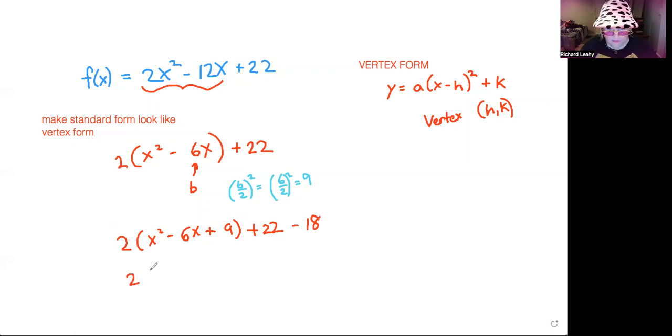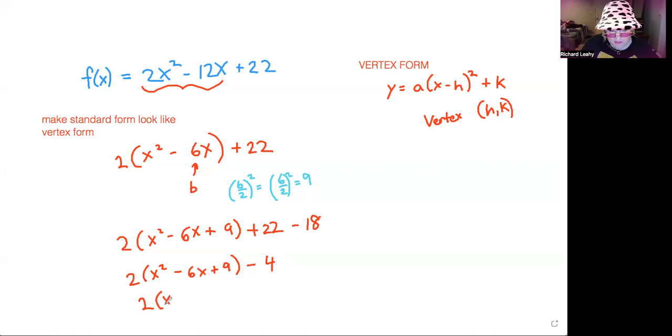Not to do too many steps at once here. So right now, I have this, and then subtract 18, so that affects this number. This is all to make sure everything's equivalent. Now, what's in the parentheses you can factor as (x minus 3)(x minus 3).